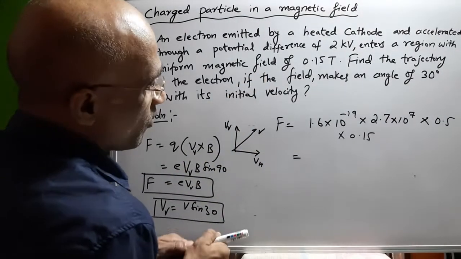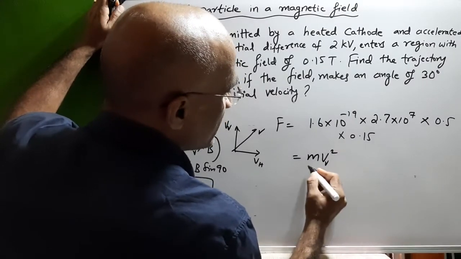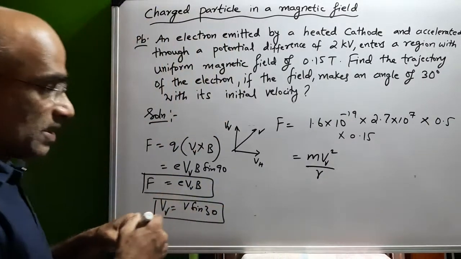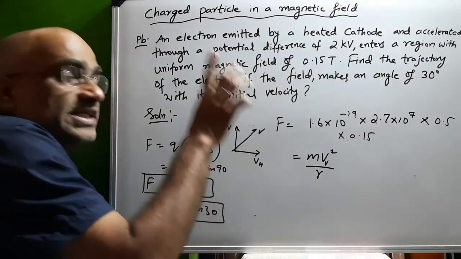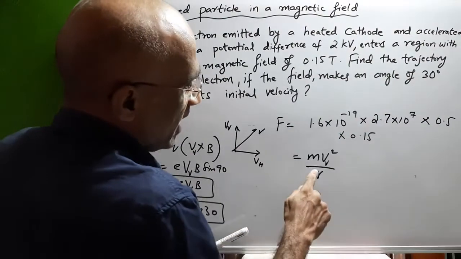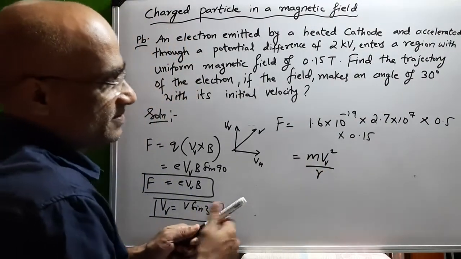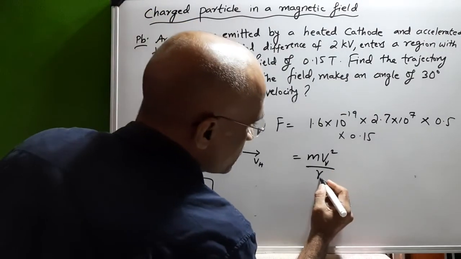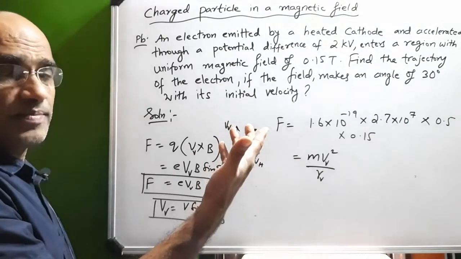So that will provide for the centripetal force, m Vv squared by r. So it will give you the helical trajectory whose radius I will represent as rv. Now simplifying again, the mass will be the mass of the electron.